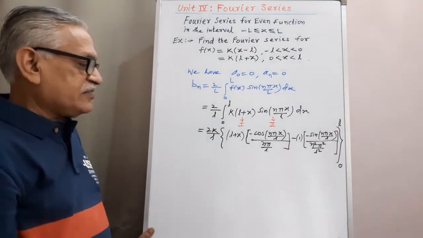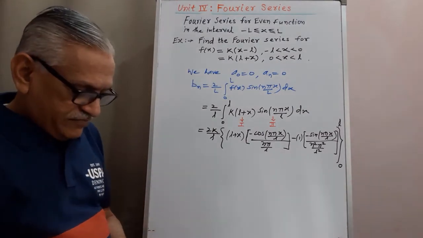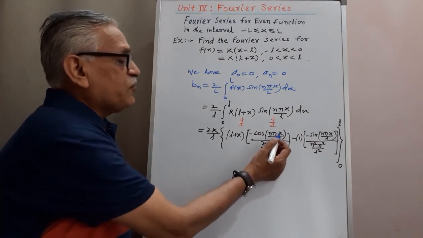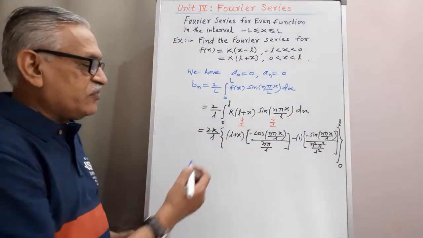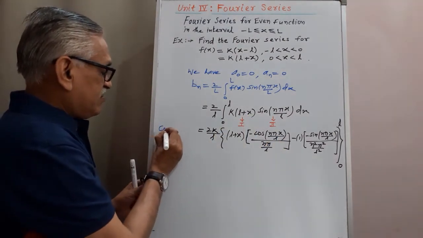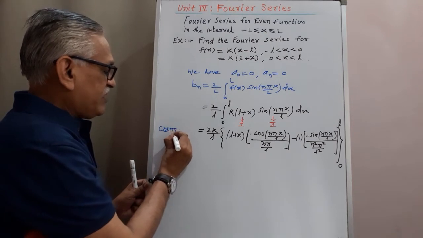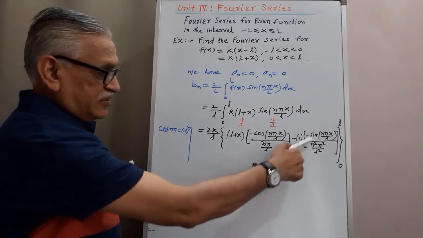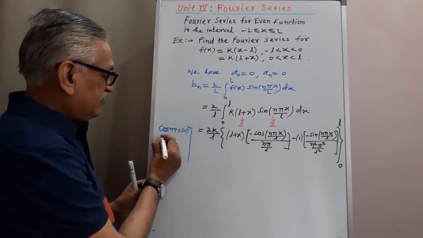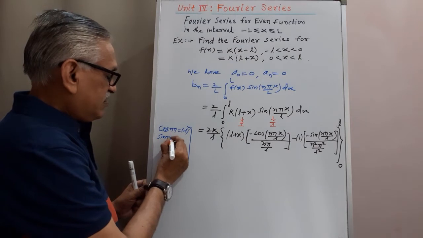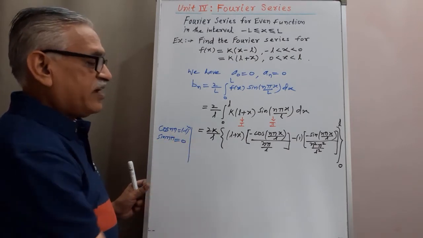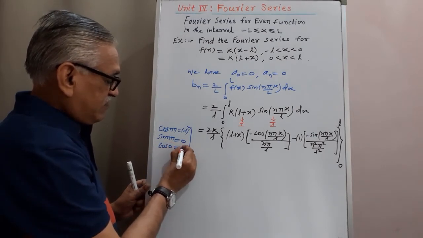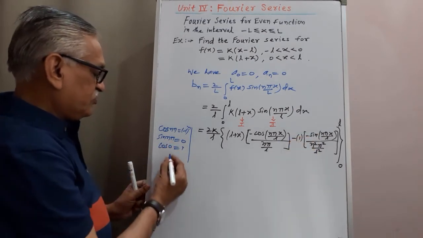Substituting the upper and lower limits, when we put the upper limit x as L, the L will get cancelled, and we get the term cos nπ. The value of cos nπ is (−1)^n. sin nπ is 0, and for the lower limit it becomes cos 0. cos 0 is 1, and sin 0 is 0.